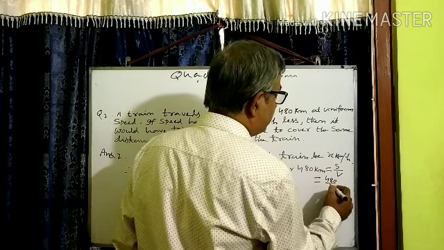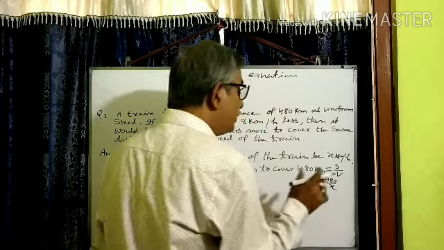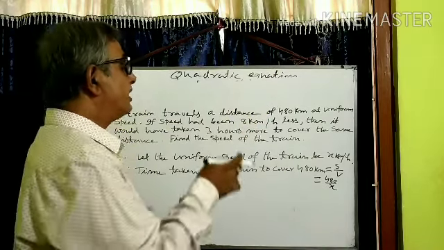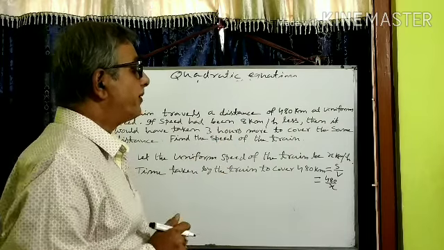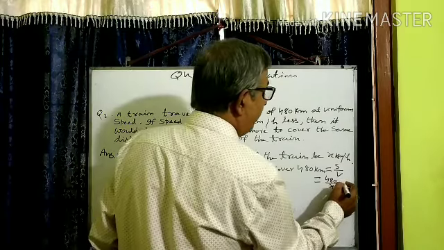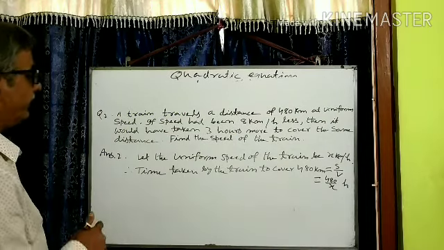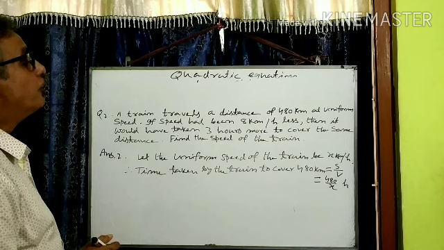So I am writing x. And the unit of time will be what? Because speed is kilometer per hour and distance is also kilometer, so you have to write hour here. So this much time is taken. Now speed, what will be the speed? Do you understand?